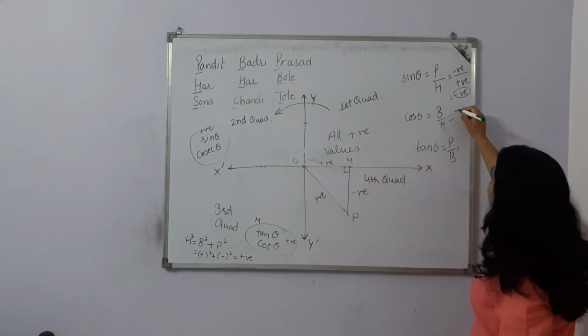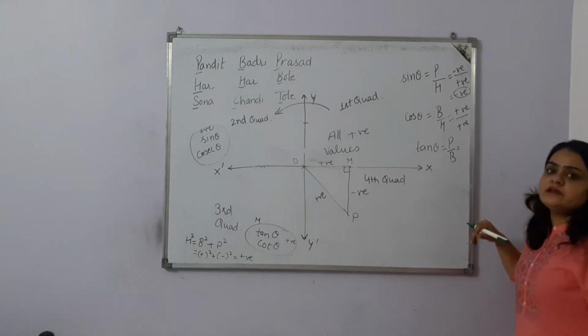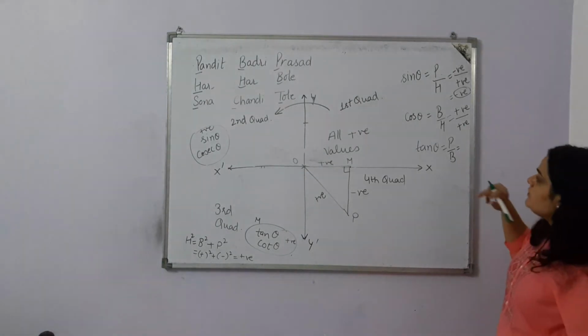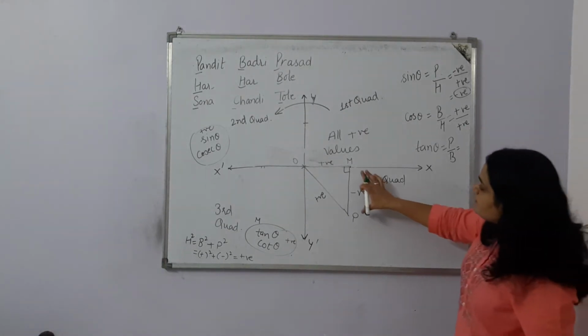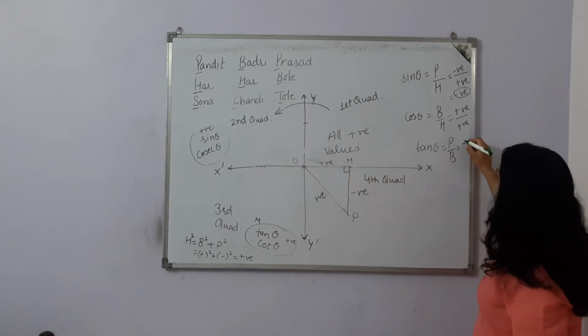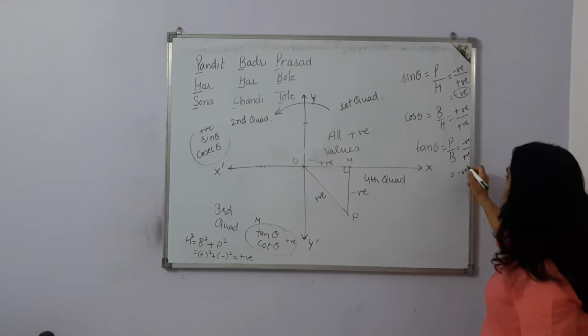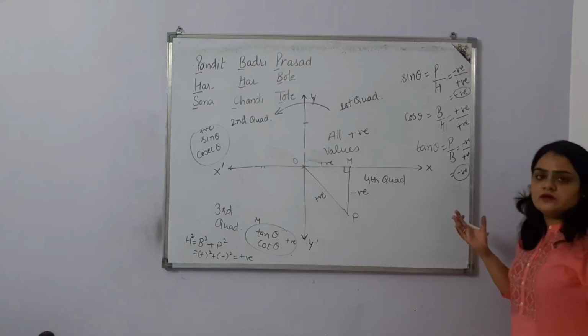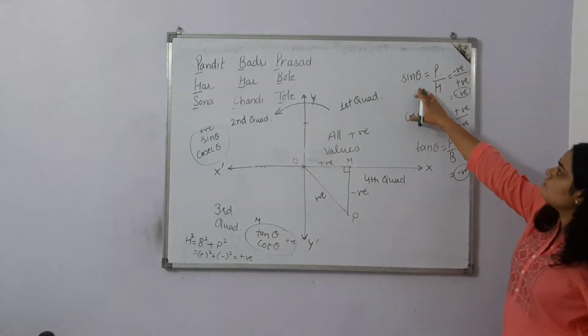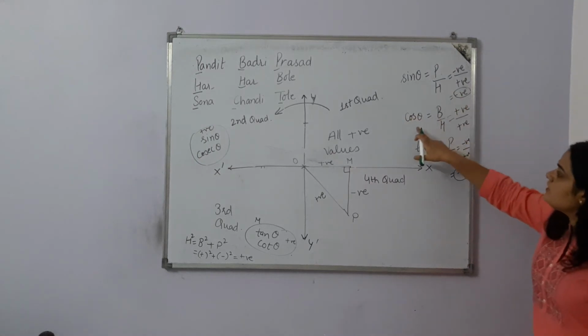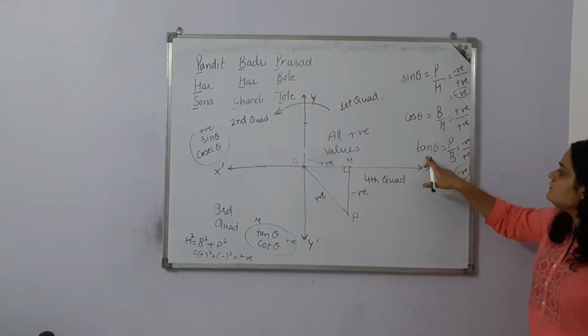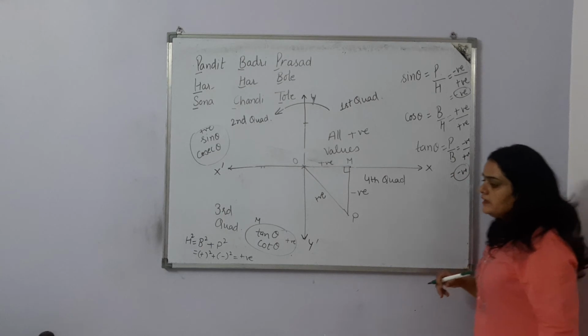Base is positive and hypotenuse is also positive. So we are getting positive cos theta. And what about tangent theta? Perpendicular is negative and base is positive. So negative upon positive is negative. So of course for its reciprocal, for cosecant theta the value will be negative, for secant theta value will be positive, and for cotangent theta value will be negative.